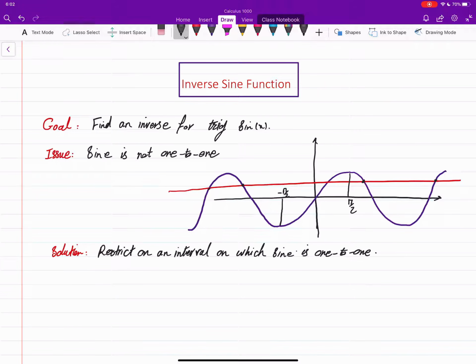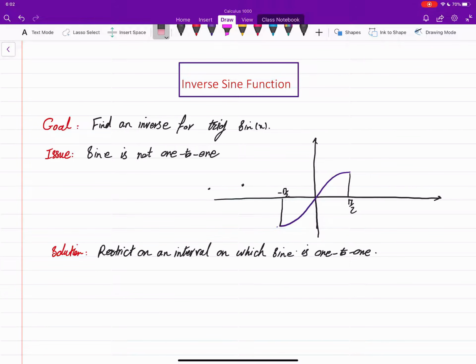So forget the other pieces. Let me just erase this horizontal line. Just consider the function on this interval. If you consider sine x on this, it is going to be one-to-one. And then you can find the inverse function of that function.